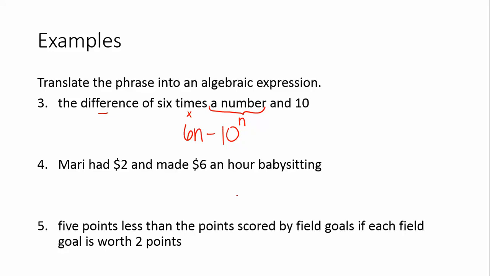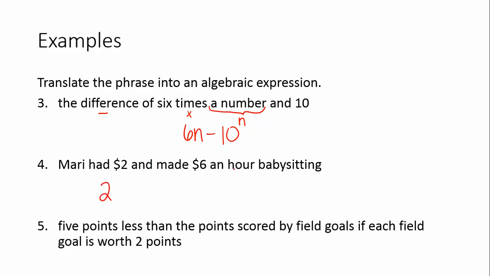For example 4, we have Mary had $2 and made $6 an hour babysitting. So we want to write the expression for how much money she has. Well, she starts off with $2, so we know she has $2.